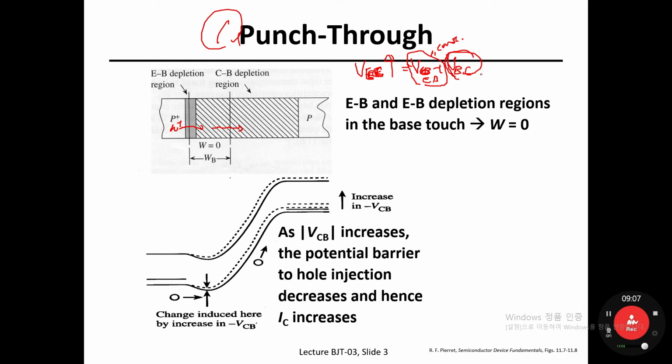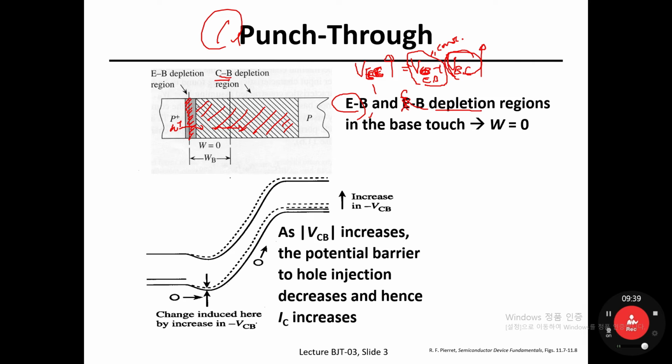If this VBC has been increased, then take a look at here. This depletion layer coming from the collector-base junction, sorry, it should be typos, the collector-base depletion region and the emitter-base depletion region, the black colored one, both of those two depletion regions would touch together.